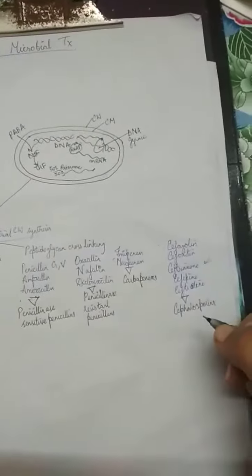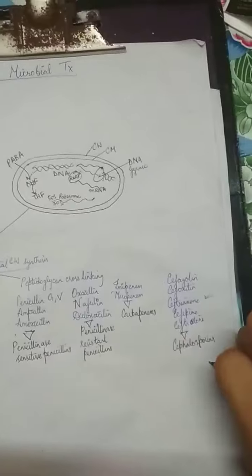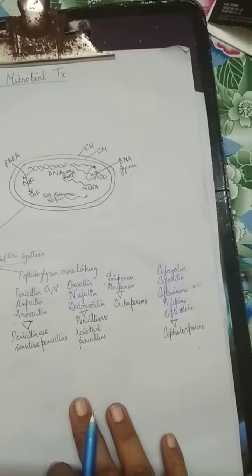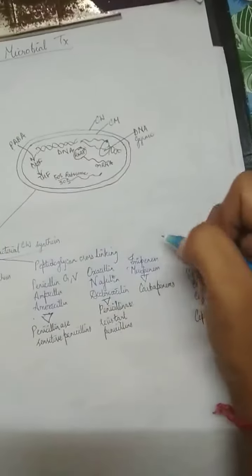Now we have another class of drug, which are the monobactams. Where should I write? Just let me write down somewhere, like monobactams. Okay, just remember the example of monobactam is aztreonam. Okay, fine, I'll just write down somewhere here.